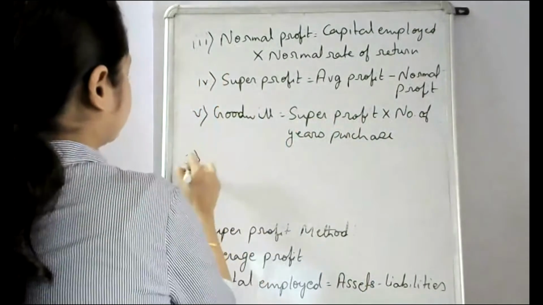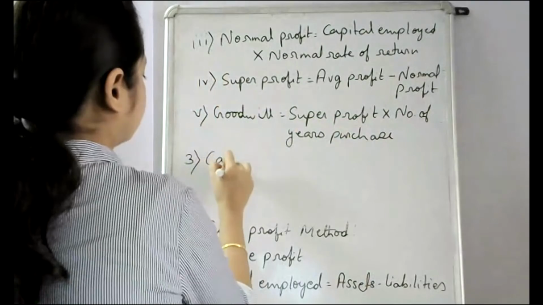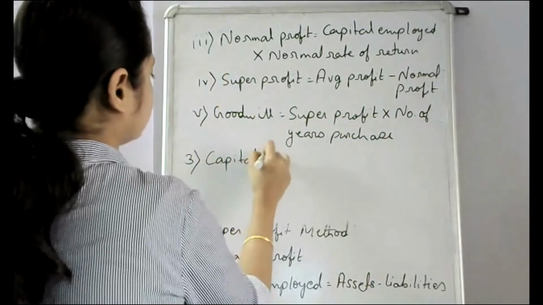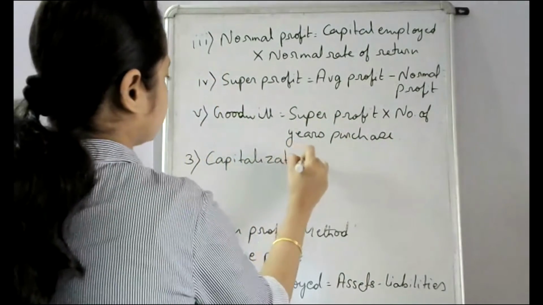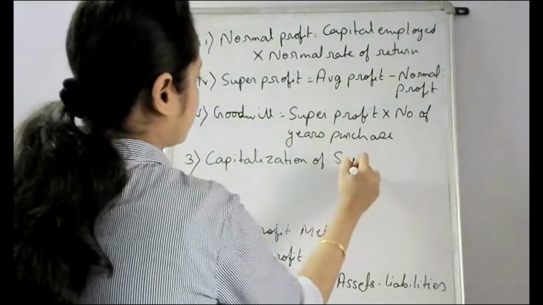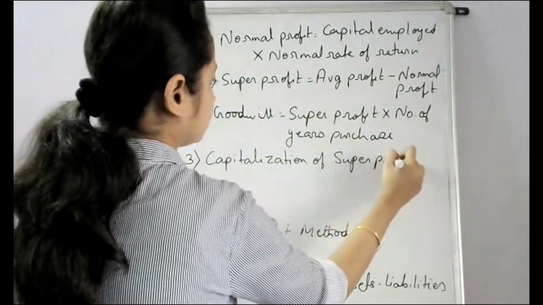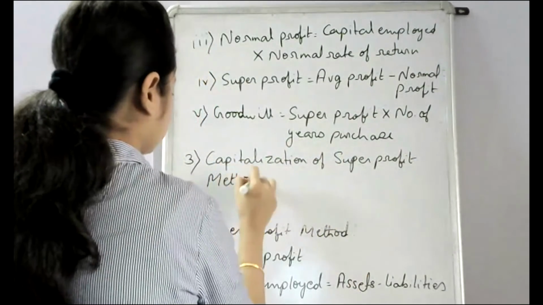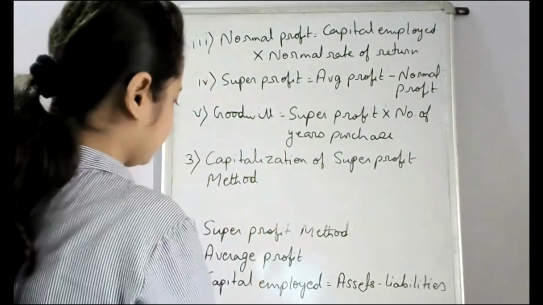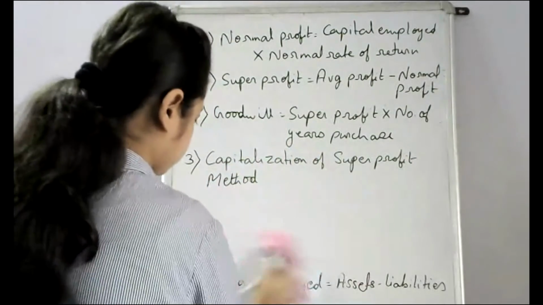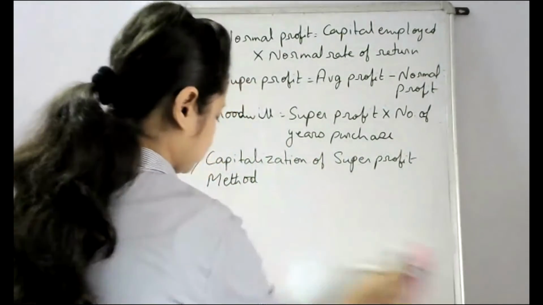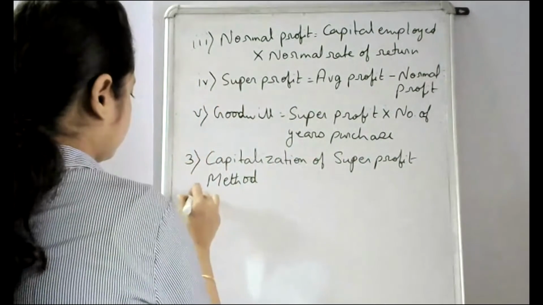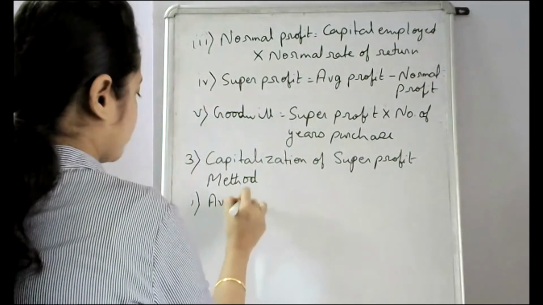Now method 3, capitalization of super profit method. For this, step 1 is average profit.